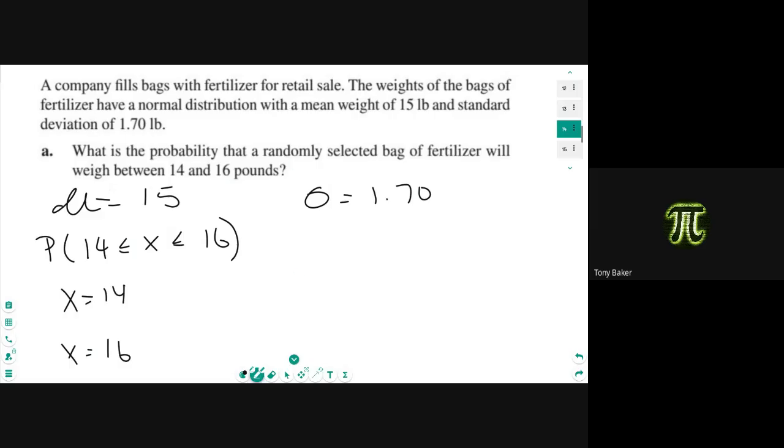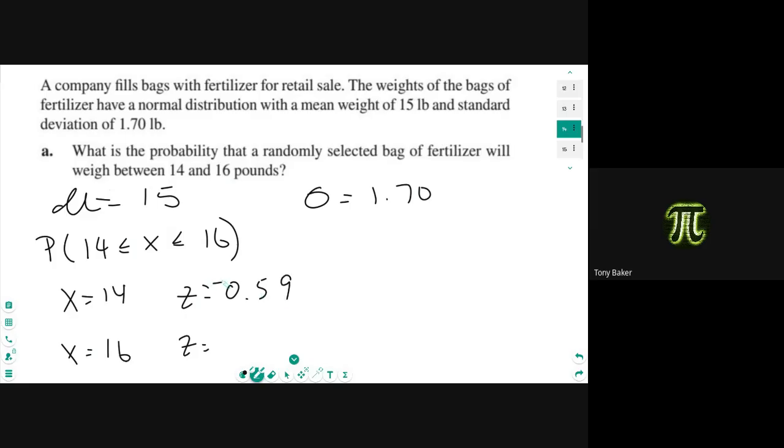All right, so what's the Z? Okay, and what do you got? 0.59? Okay, so this one's negative.